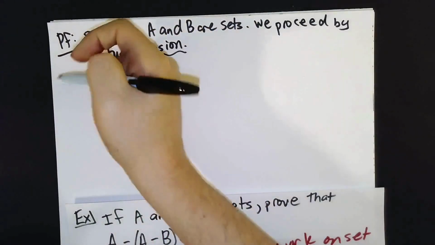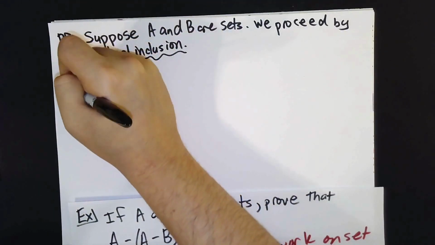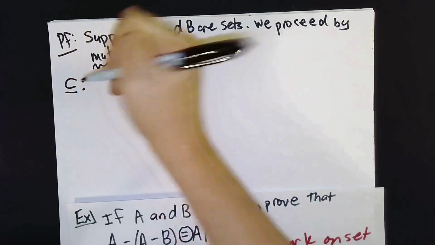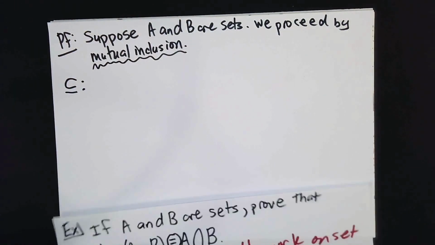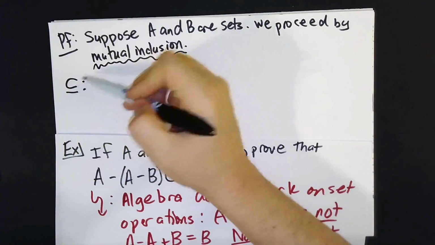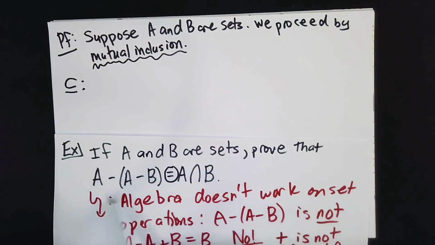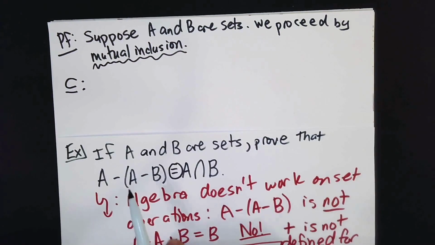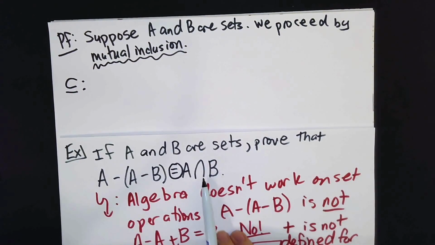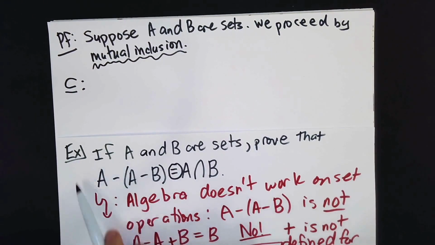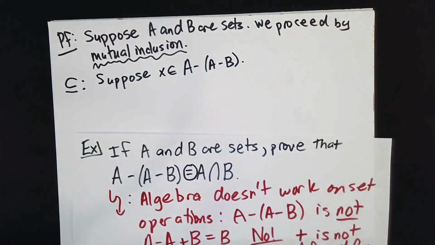It is customary, although not obligatory, to highlight the sections by which direction you're proving. So I'll write this to show that I'm going to show that this side is a subset of this side. If I'm showing the left is a subset of the right, I need to start by supposing I have an element of the left.